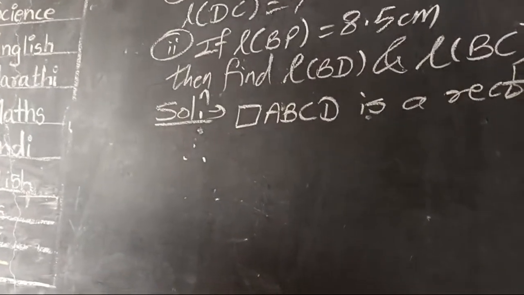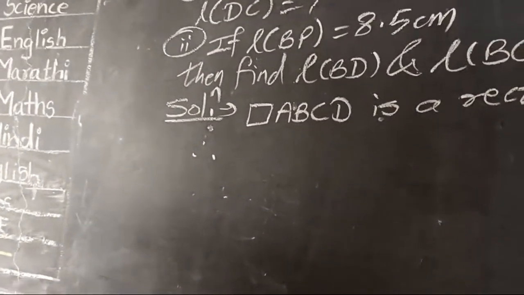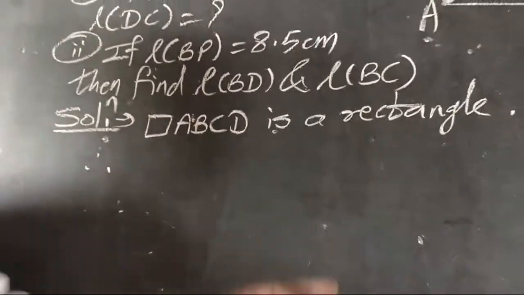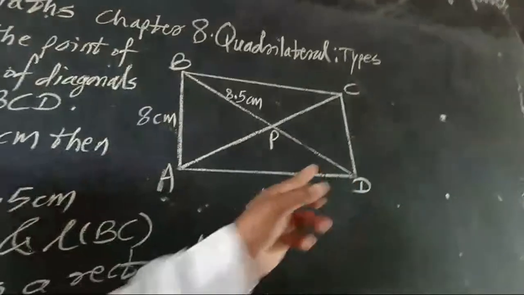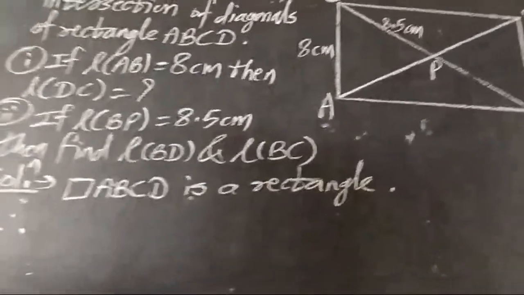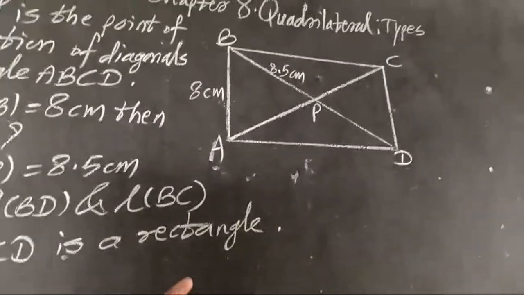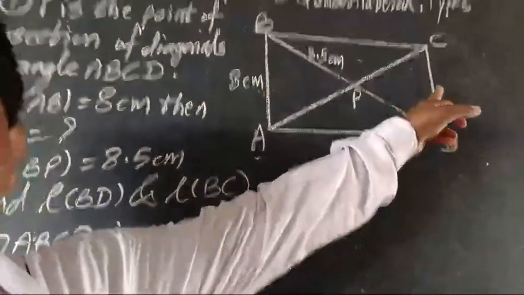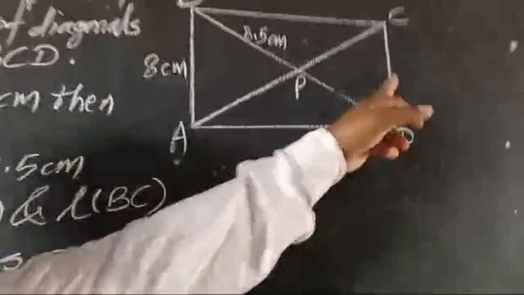Which conclusion? Can any other student tell the conclusion for opposite sides? Yes, the opposite sides of a rectangle are congruent.